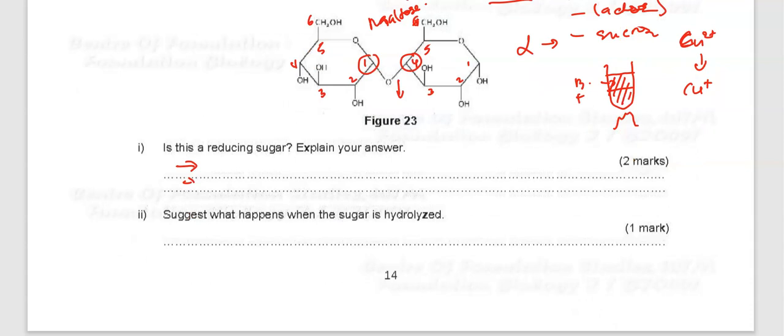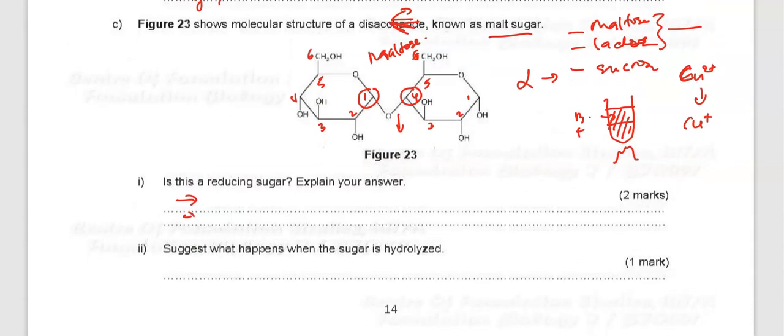So next question, number 2. Suggest what happens when the sugar is hydrolyzed. Hydrolysis is basically a reaction that breaks any polymer or disaccharide back into its monomer. In this case, maltose is broken down into its monomer, which is glucose. Hydrolyze comes from the word lysis, to break, and the reaction requires a water molecule.